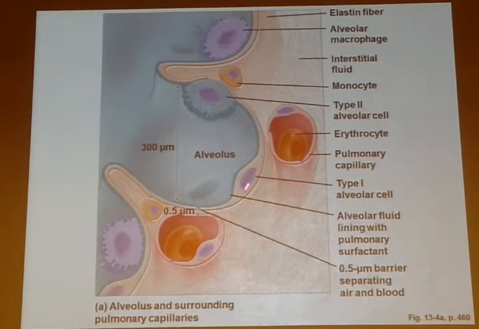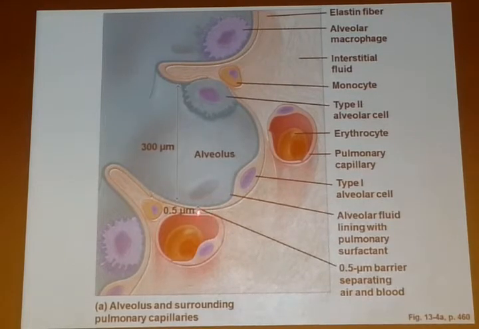Type 1 pneumocyte and your endothelial cell of your capillary, you have a 0.5 micrometer distance between the plasma in your capillary and the air in your alveolus. So we're not physically including surfactant in the diffusion distance, but it is there and it is part of the diffusion barrier.